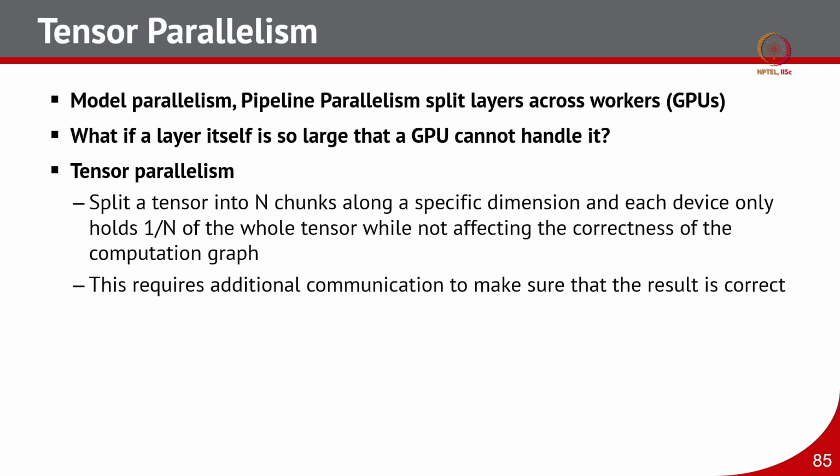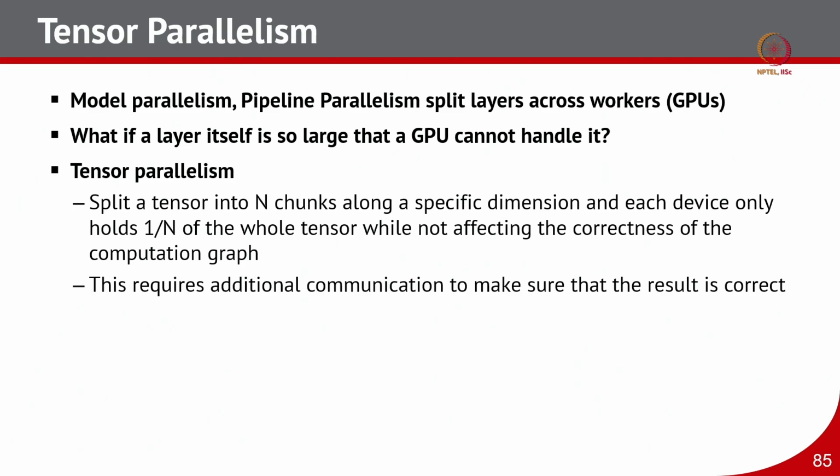In tensor parallelism we split a tensor. For example, a 4-dimensional filter is a 4D tensor. We can split a tensor into n chunks along a specific dimension, and each device only holds 1 over n of the whole tensor, while not affecting the correctness of the computation graph.